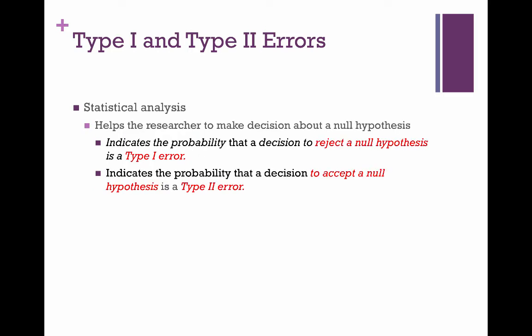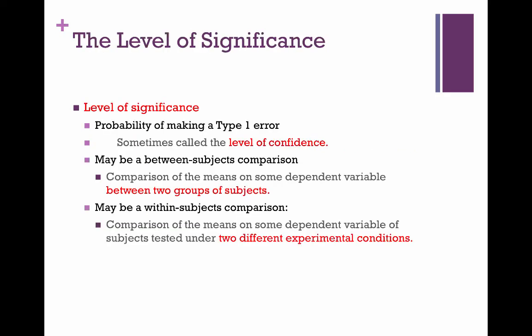Statistical analysis helps the researcher make the decision about the null hypothesis. It indicates the probability that a decision to reject the null hypothesis is a type 1 error, or the probability that a decision to accept the null hypothesis is a type 2 error.